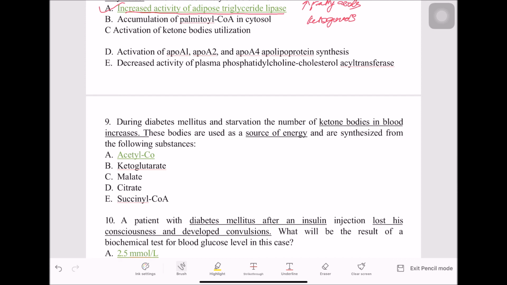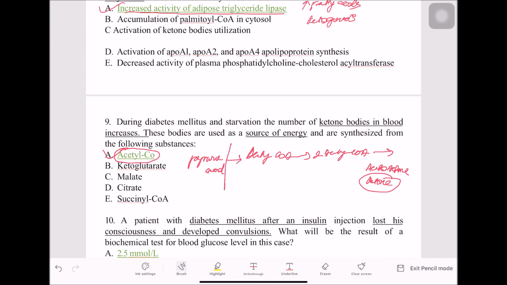These bodies are used as a source of energy and are synthesized from the following substance, that is acetyl CoA. From the acetyl CoA, it changes into acetoacetate, a ketone body. Initially the acetyl CoA comes from the pyruvic acid cycle, and then it enters the ketogenesis process.